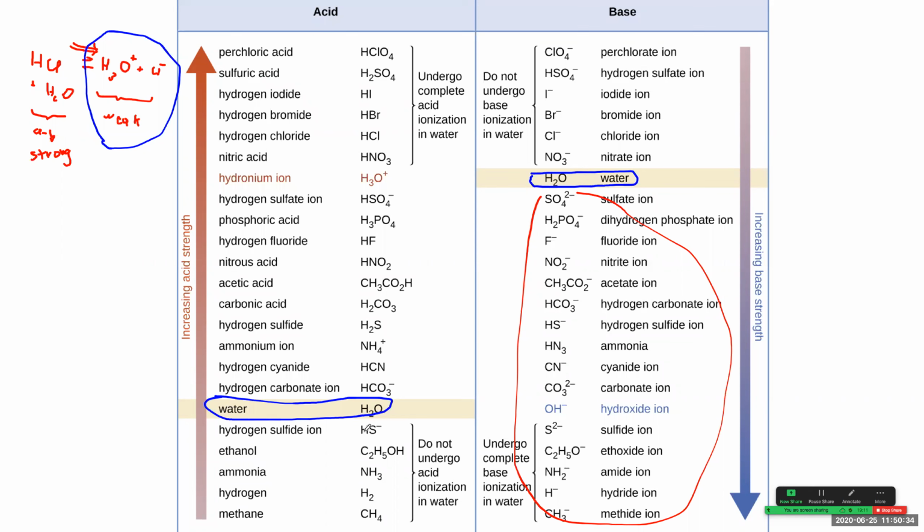So if you put HS minus in water, HS minus takes a proton away. Well, HS minus is like a base. It's over here someplace. There it is right there. It's a base, a stronger base than water. Okay, so let's move on. And I'll talk about this relative acid-base strength as we go on.